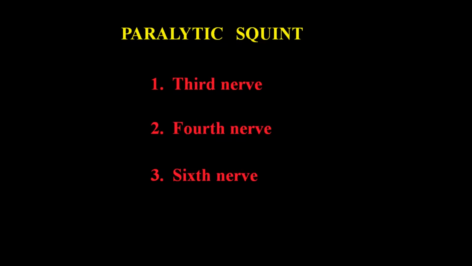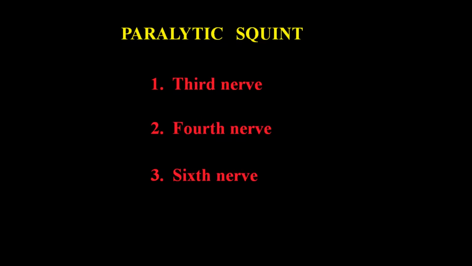So what is the presenting feature of any nerve palsy? When the patient has a nerve palsy, the main complaint with which the patient comes is diplopia. Diplopia is double vision. When a patient comes to you with diplopia, the first thing you have to identify is whether the patient is having uniocular diplopia or binocular diplopia.